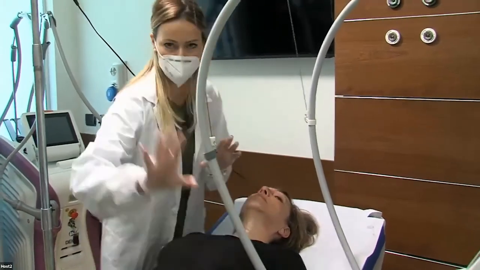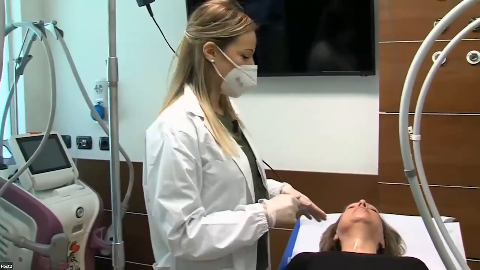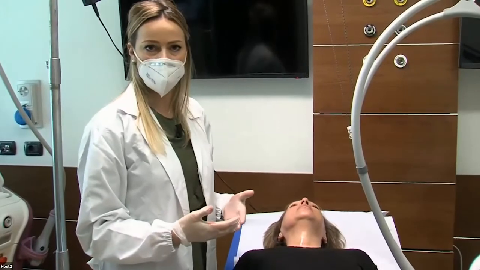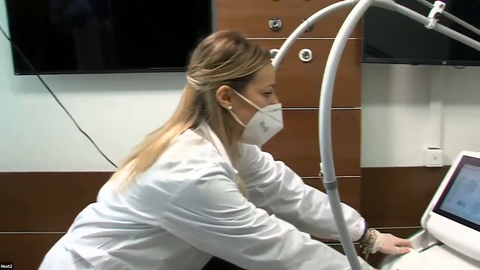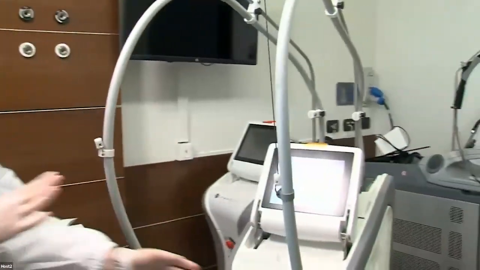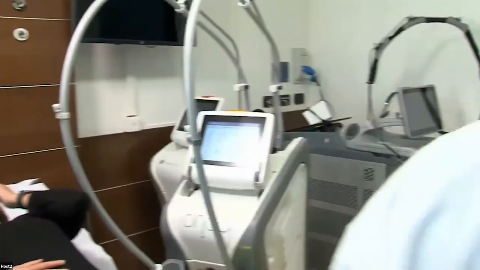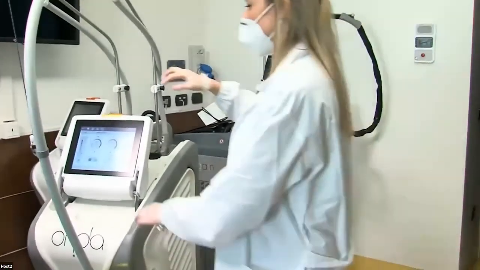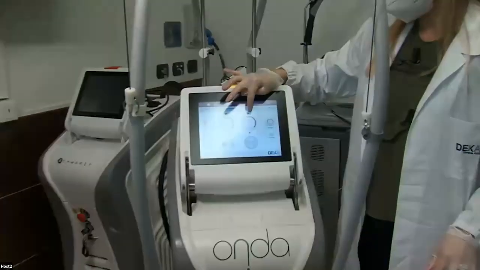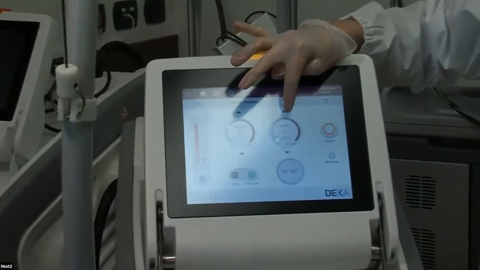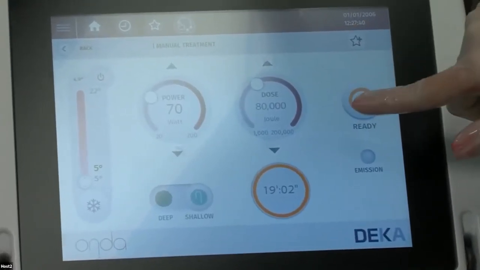For example, I do an example now. She's fine. She could tolerate a little bit more. So I know that I have already delivered 80,000 joule. I press the arrow up and I see that I have already delivered 80,000 joule.